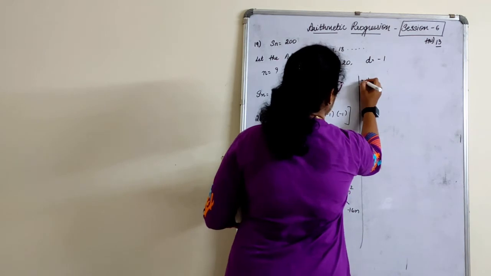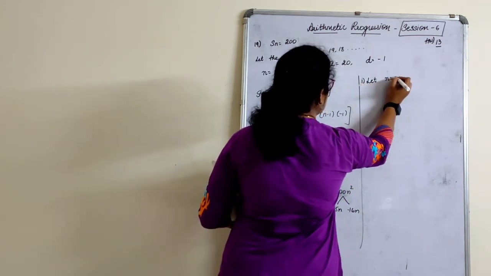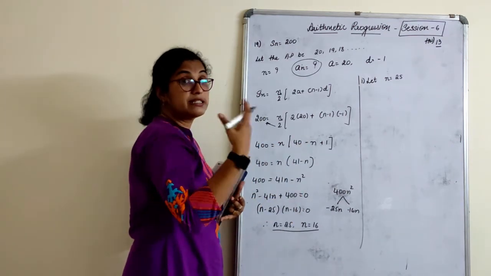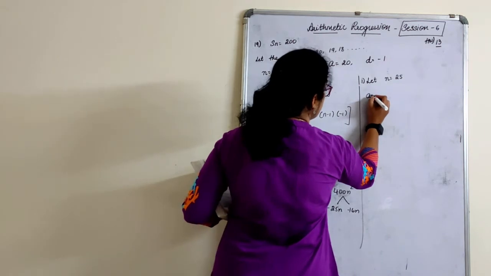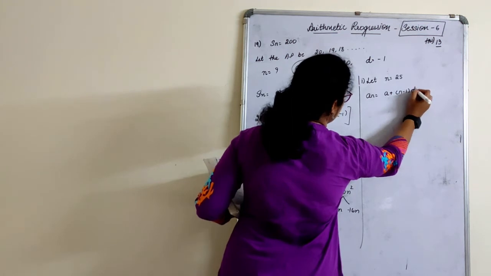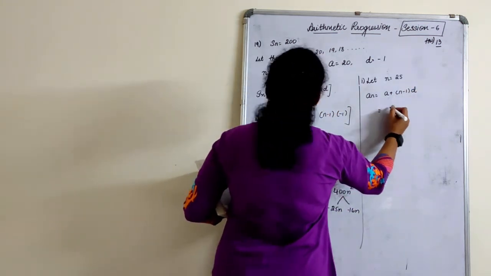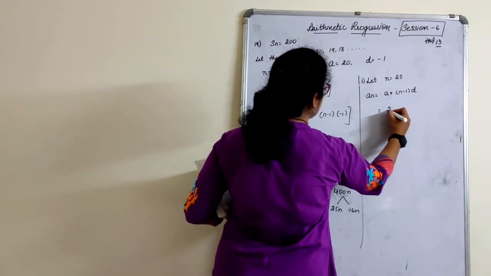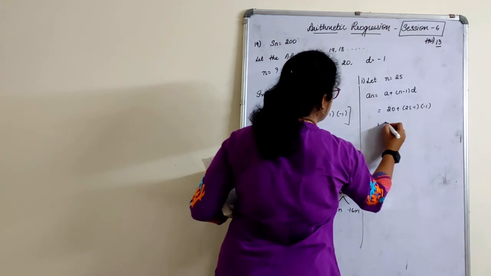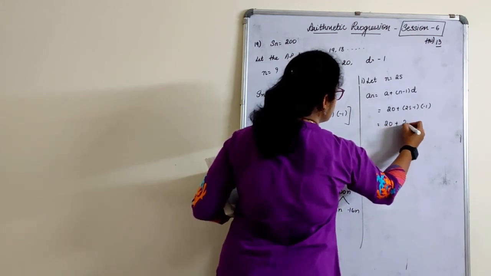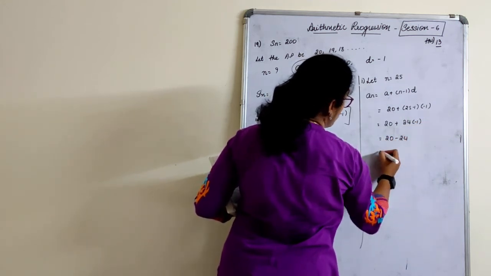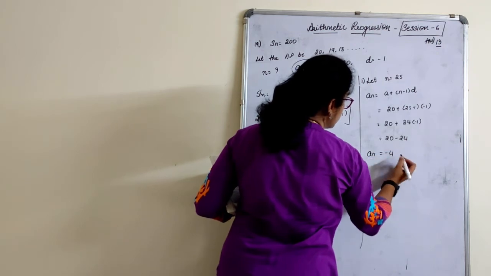So, let first n is equal to 25. Might be 25 only is right for the first instance, but still we'll try for the next also. Then an is equal to a plus n minus 1 of d. So that is 20 plus 25 minus 1 of minus 1. So this is 20 plus 24 into minus 1. 20 minus 24, an is equal to minus 4.